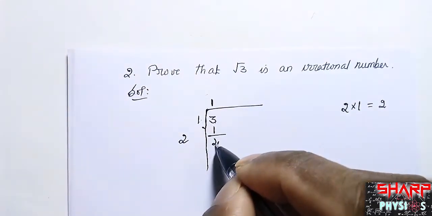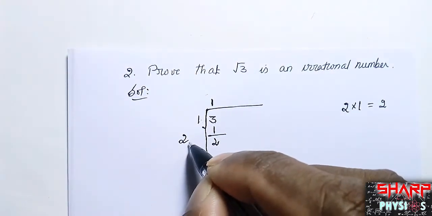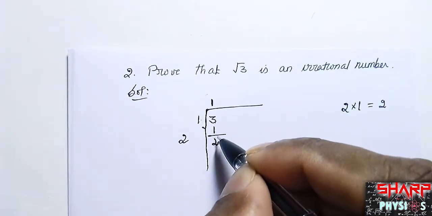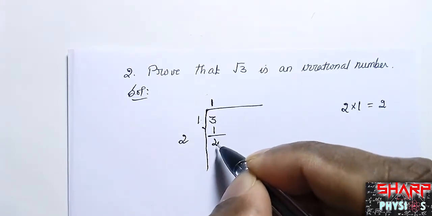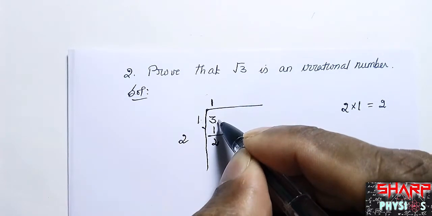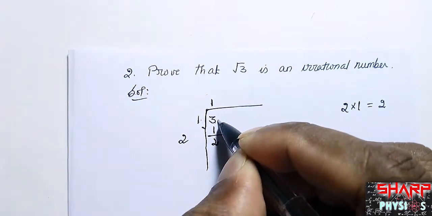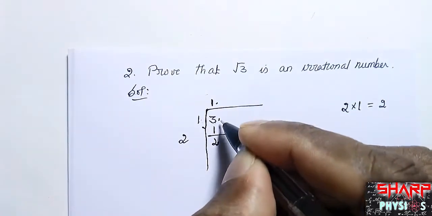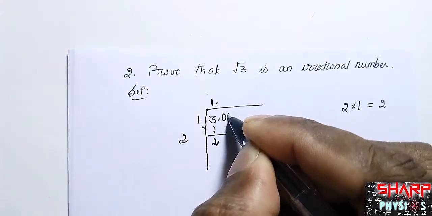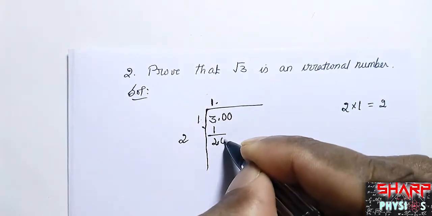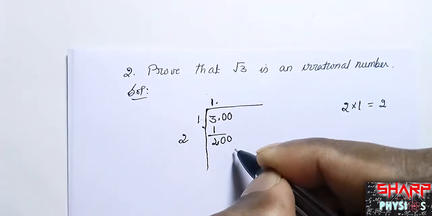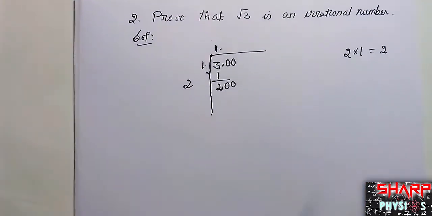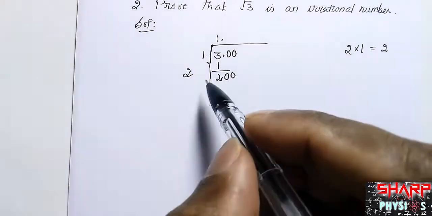Now 2 is equal to the same number, but you have to divide this again. So you just keep a decimal here. When you keep a decimal here, you have to keep it at the top, and since it's square root, you have to bring 2 zeros down, because it is a long division method of square root.